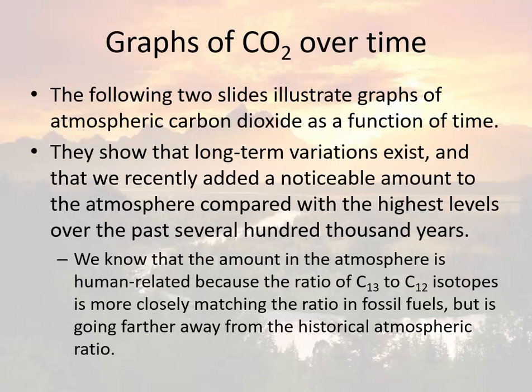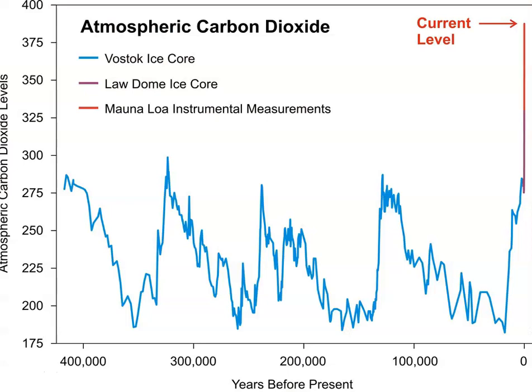So first, let's show this graph showing the atmospheric carbon dioxide over about the past 400,000 years. Now, the spike right here is due almost entirely to human activities. We know that because of the ratio of carbon-13 to carbon-12. When carbon dioxide naturally goes into the atmosphere from various processes like volcanism, it's a certain ratio of carbon-13 to carbon-12.